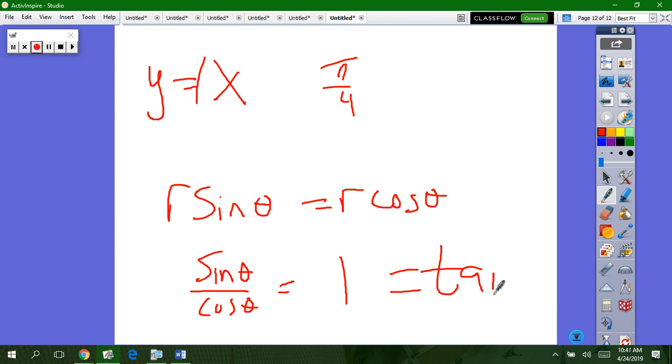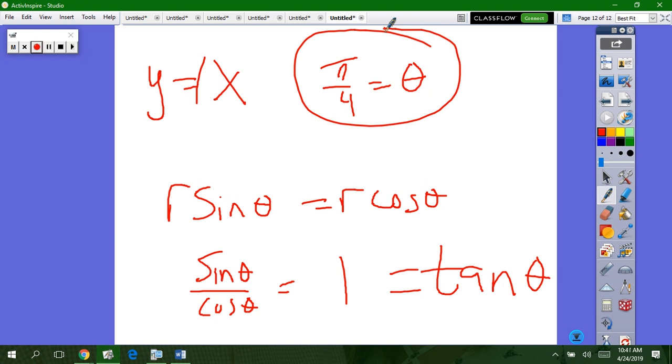Tangent of theta. And where does tangent of theta equal 1? Pi fourths. Okay.